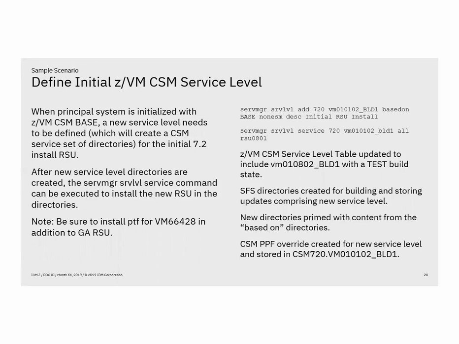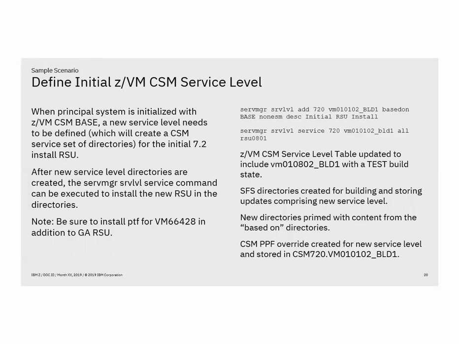Running that command copies the 130 SFS directories that were created under the BASE qualifier of CSM 720 over under the VM010102_BLD1 qualifier. So now I have a set of directories associated with this name.